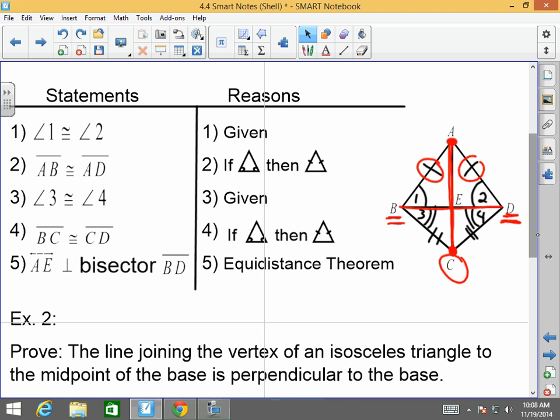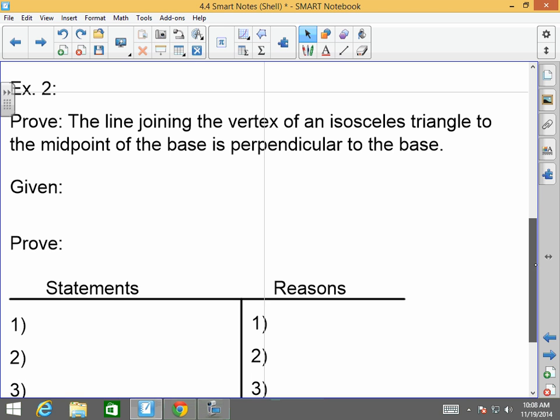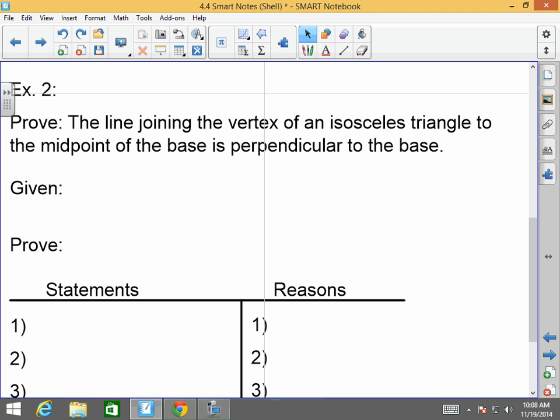Number 2, you're going to have to draw it all out here and actually put the given and the proof. They want you to prove that the line joining the vertex of an isosceles triangle to the midpoint of the base is perpendicular to the base. Well, as always, we're going to have to draw it out.